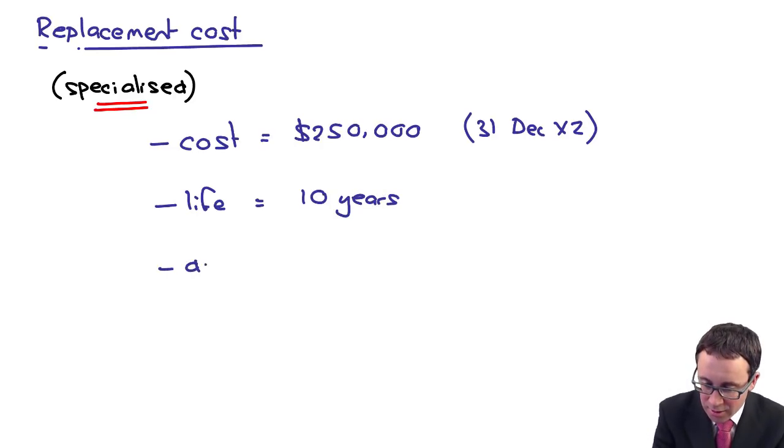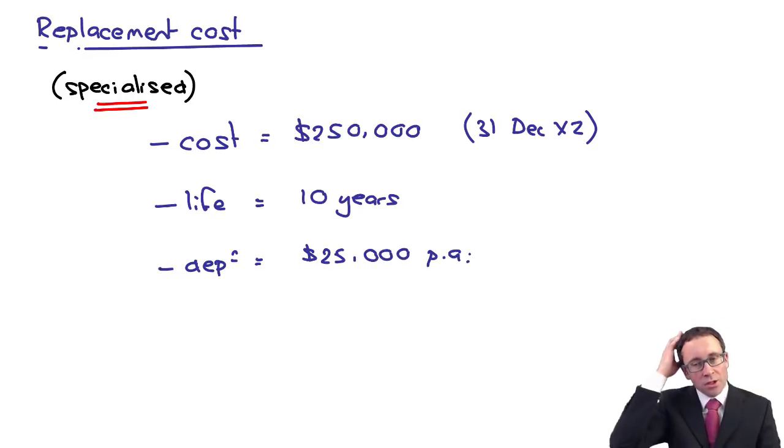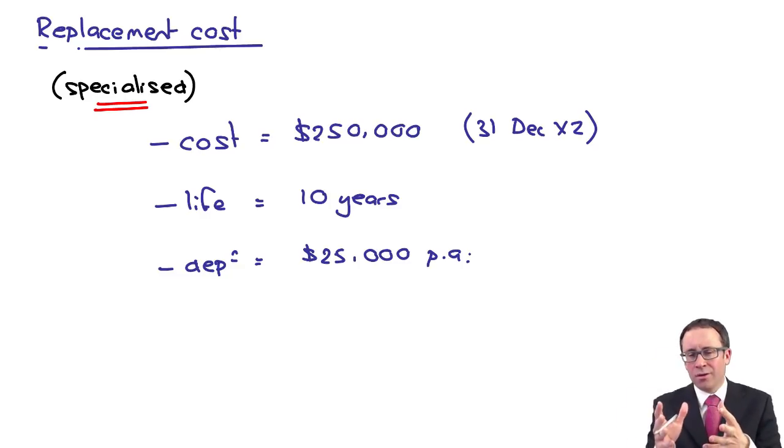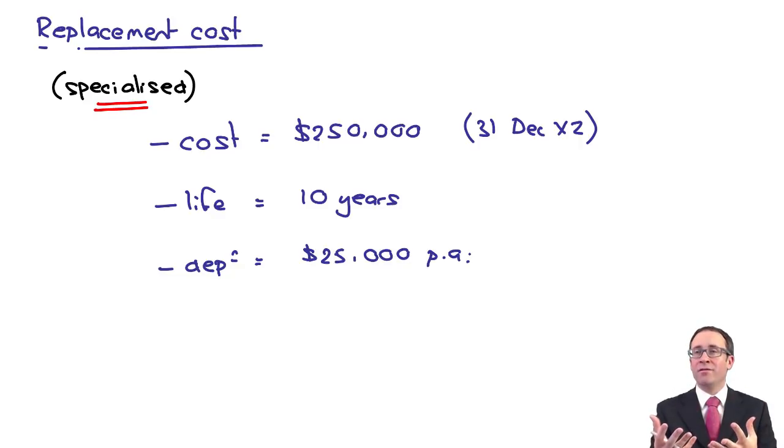So if that's the case, the depreciation that we would be charging is $25,000 per annum. So what we need to say is, well, look, we can replace this asset with one that's $250,000, but it's comparable to an asset that's been used for 2 years and therefore has 8 years left.